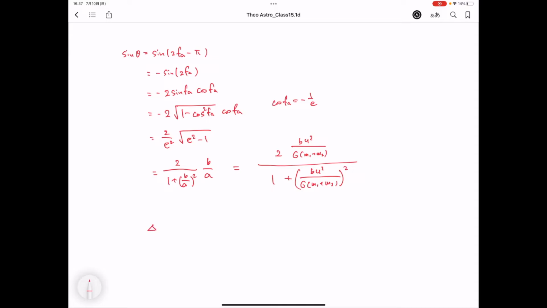Then delta u, the change of the perpendicular component, is expressed as u sine theta. Then you can substitute this expression here to find the change of the perpendicular component of u during a single encounter with another planetesimal.